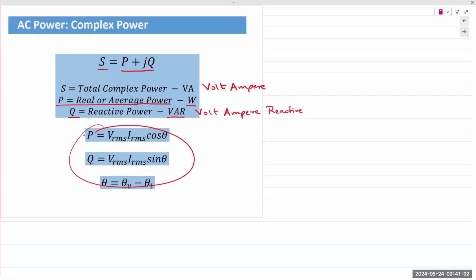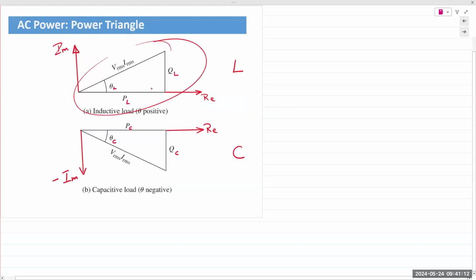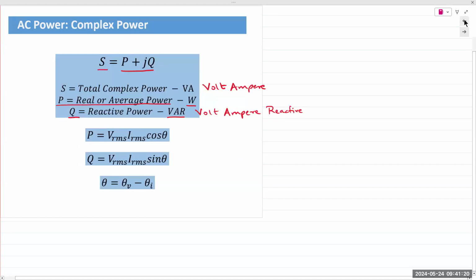P is V RMS times I times cosine theta, Q is V times I times sine theta, which basically comes from here, right? Right angle triangle. So that's the first set of equations. If you wish to find P and Q, you can find it using the trigonometric identities.